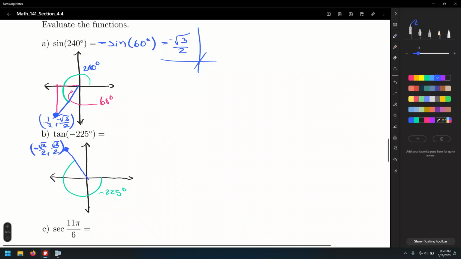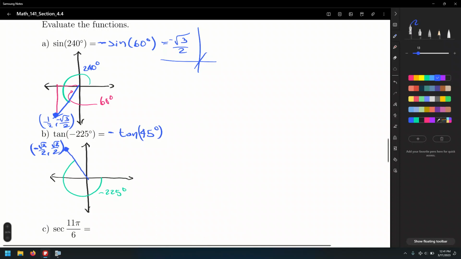Either way, using identities, sine over cosine, or using the ratios from the definitions in terms of r, x, and y, you should get the same thing. However, first of all, we need to redefine tangent of negative 225 as tangent of 45 degrees, but since in this case we are working in the second quadrant, we know this is going to be negative.